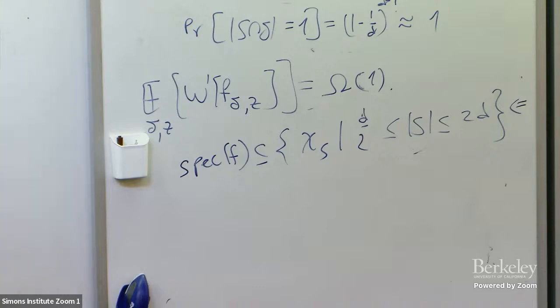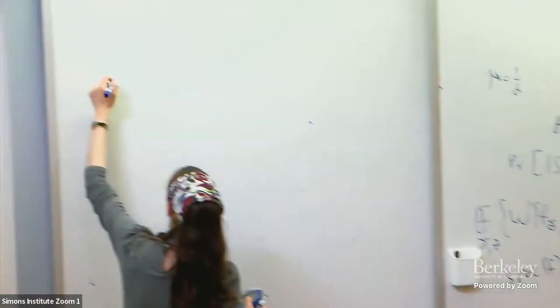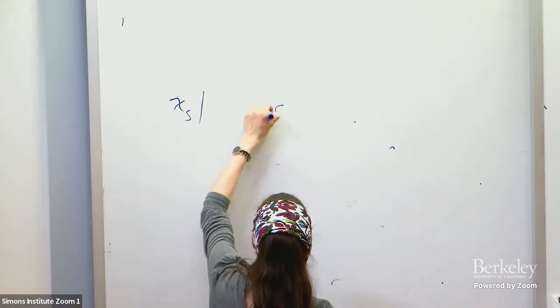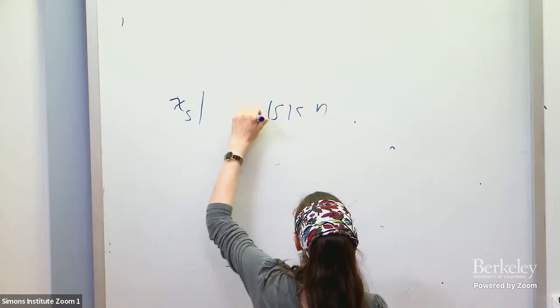If you think about all the characters, their sizes range between 0 and n. So we can take them, it's called the attic partition. We can partition all the characters according to the size. Let's say take all the characters such that s is in between n and n half.